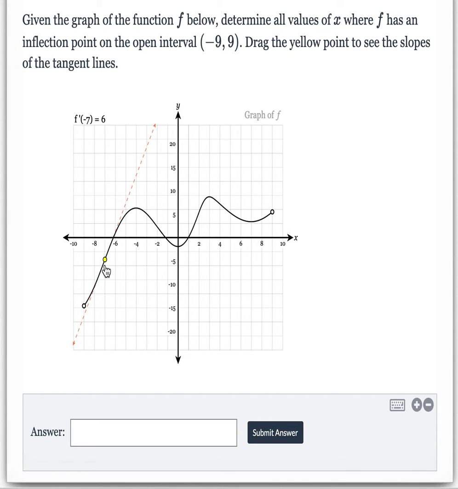When x is negative 7, that is the switchover point from increasing to decreasing. As you can see graphically, that would be exactly where the smile turns into a frown.